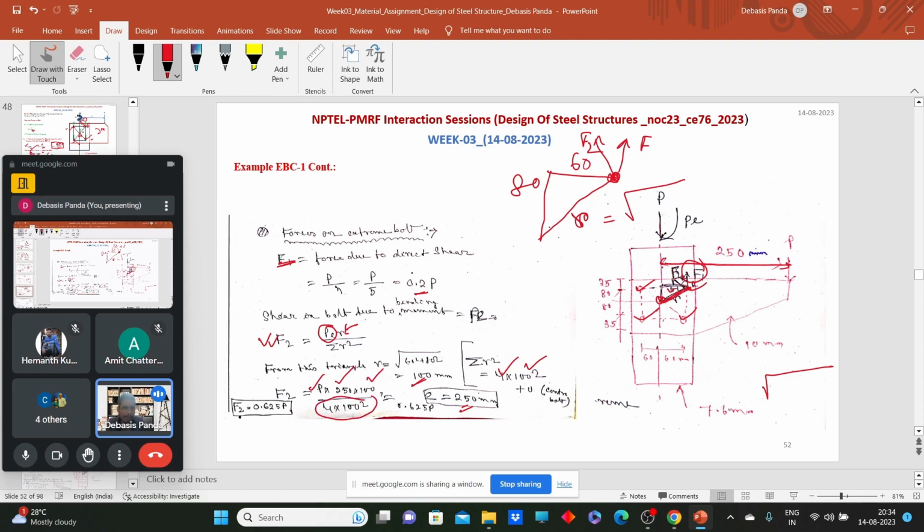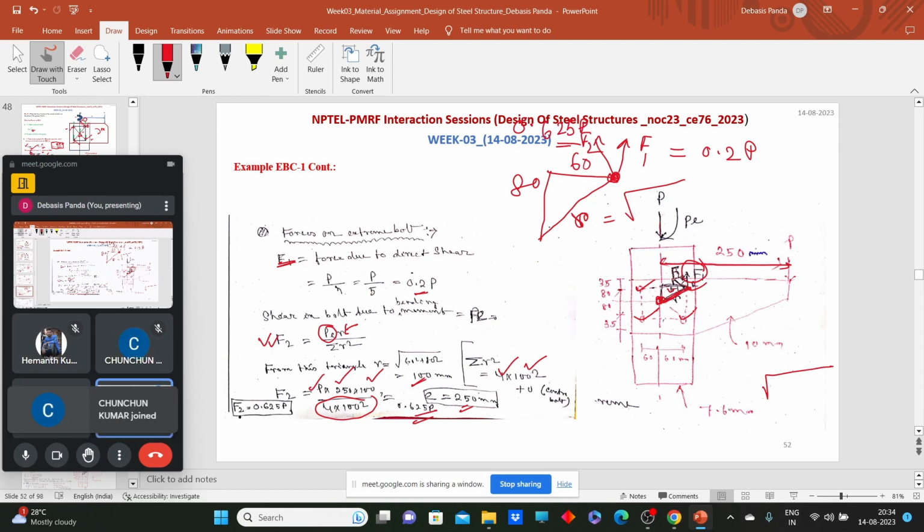Why 4? Because we have 4 bolts and one bolt is at the CG, so there the r will be 0. We did not need to consider that bolt. So that F2 value is coming as 0.625 P. So we have F1 equal to 0.2 P and F2 equal to 0.625 P.